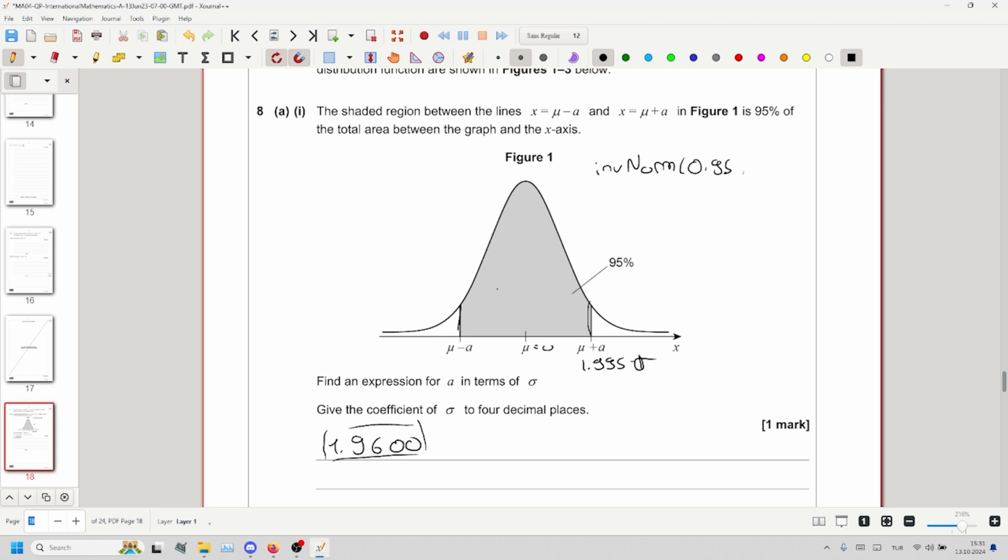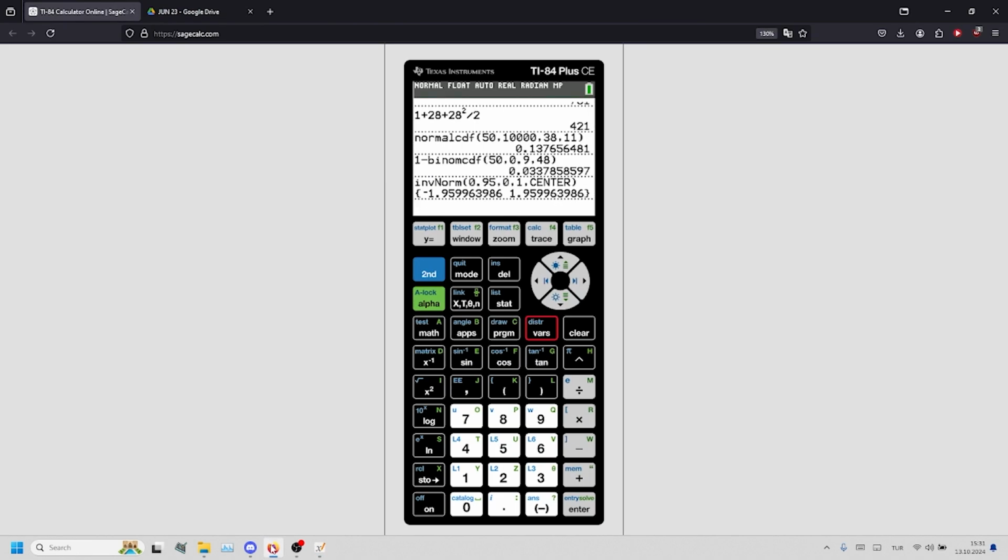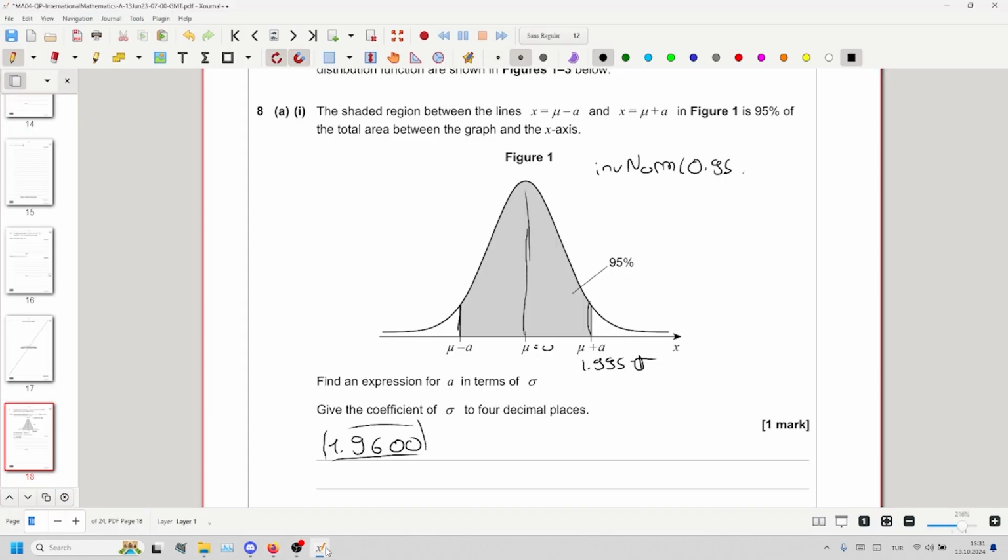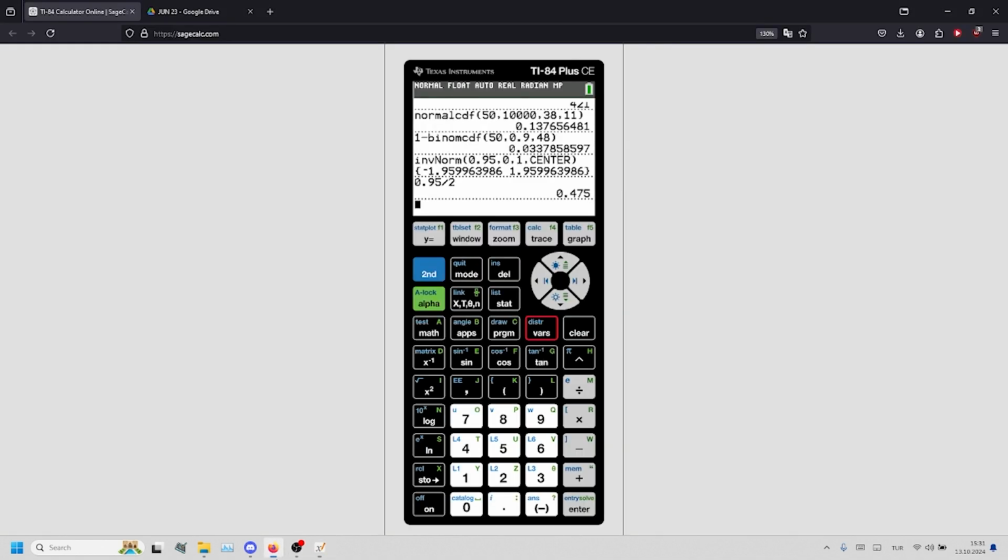To do that, you would have to divide 95%, so 0.95, over 2. That would be 0.475. So this area would be 0.475. So this area right here would be 0.5 minus that. So 0.5 minus, wrong. Oh god, what did I do?